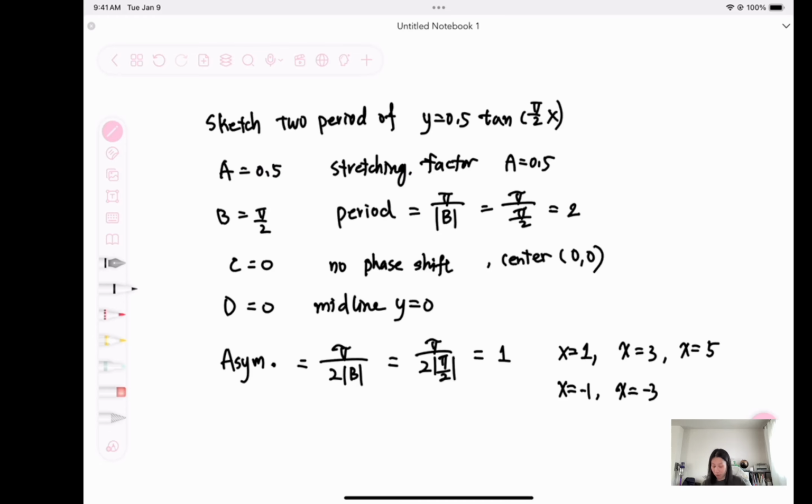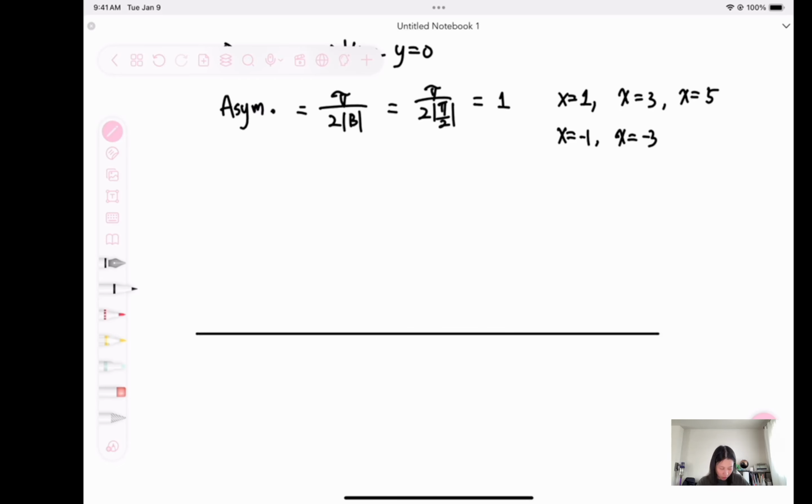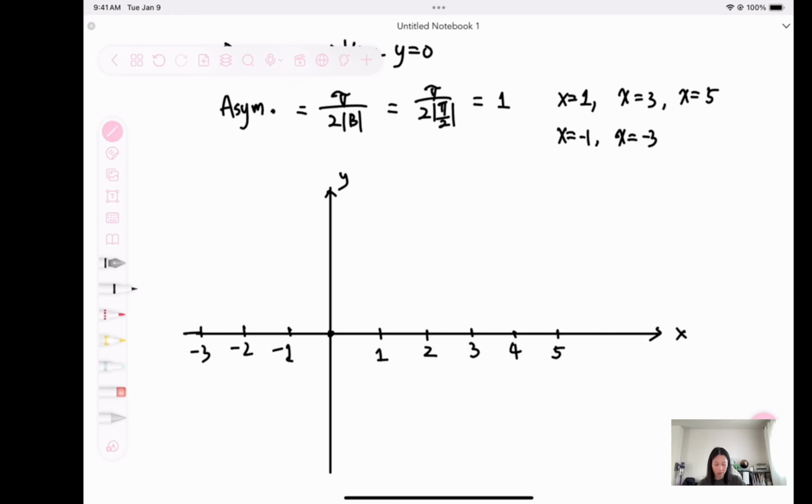Alright, now let's try it. We got to label everything that we know. I got this y, x, and this is 1, 2, 3, 4, 5, and -1, -3. And we know that the center remains the same.